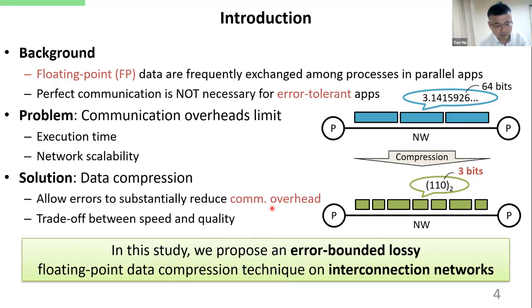Existing data compression techniques usually target storage systems. To the best of our knowledge, this work is the first to apply data compression to interconnection networks, which are usually latency sensitive.